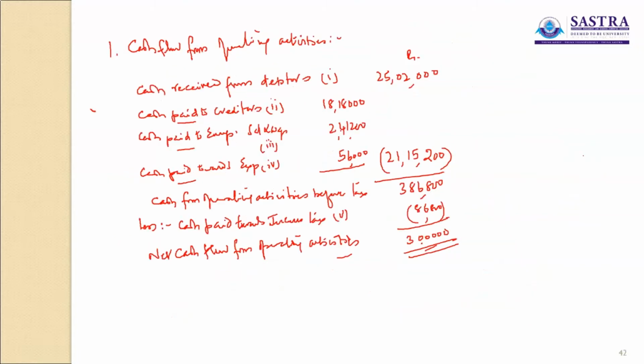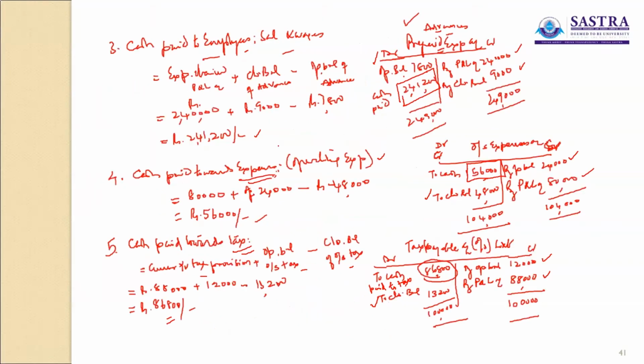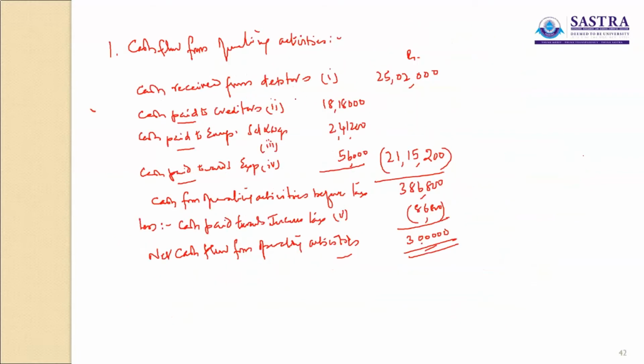Now let us consolidate all cash receipts and payments as per our workings. So cash received from debtors, paid to creditors, all expenses towards salaries, operating expenses, and payment towards tax are consolidated here to arrive at the net cash flow from operating activities.